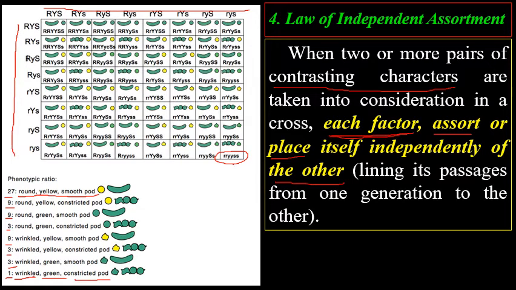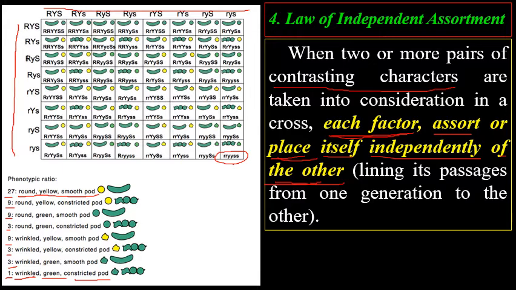assorts or places itself independently of the other. It means round is not mixed with yellow or smooth, round is not mixed with wrinkled, and similarly with the recessive characters. So overall we can see this picture also follows the law of dominance.